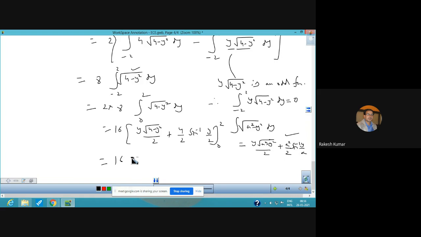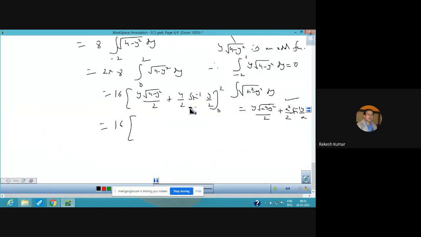So that is 16. When you substitute the upper limit 2 here, 2 square is 4. 4 minus 4 will give you 0, plus this becomes 2. And when you put 2 here, sine inverse of 2 over 2, that is sine inverse 1, which is pi by 2. Similarly, when you put lower limit 0, 0 into this will give you 0, and sine inverse 0 is also 0.